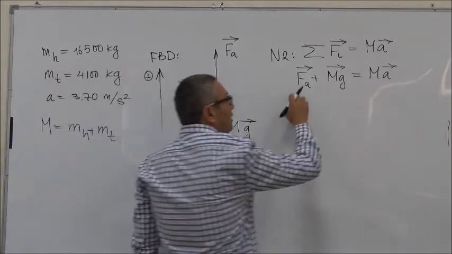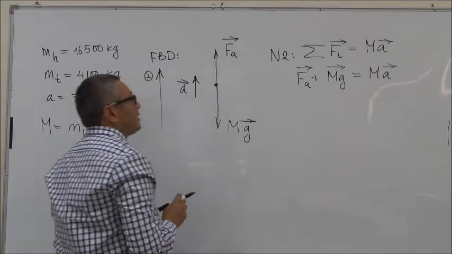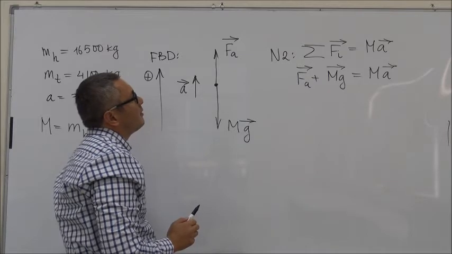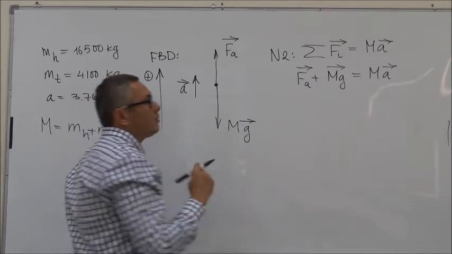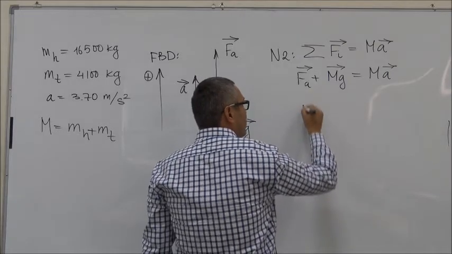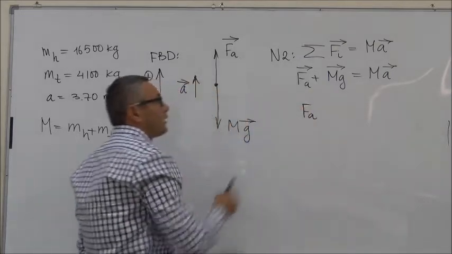And now we look at the vectors themselves. The force of the air is pointing upwards as well, so it has a positive sign. So instead of the Fa vector, I'll just say Fa.